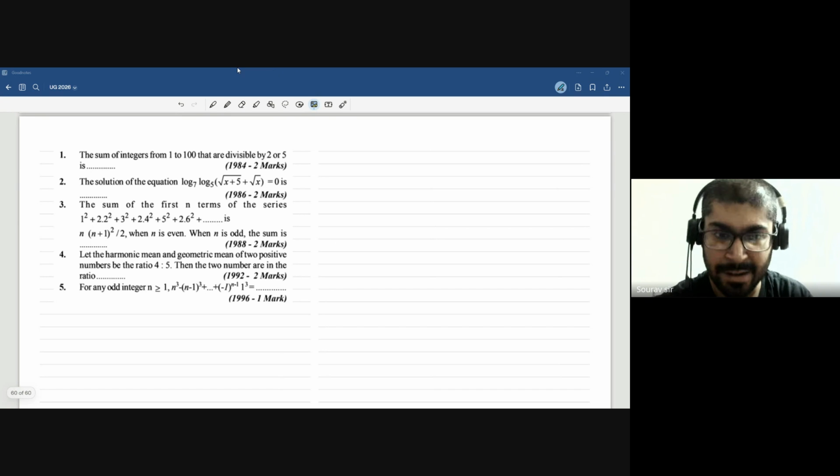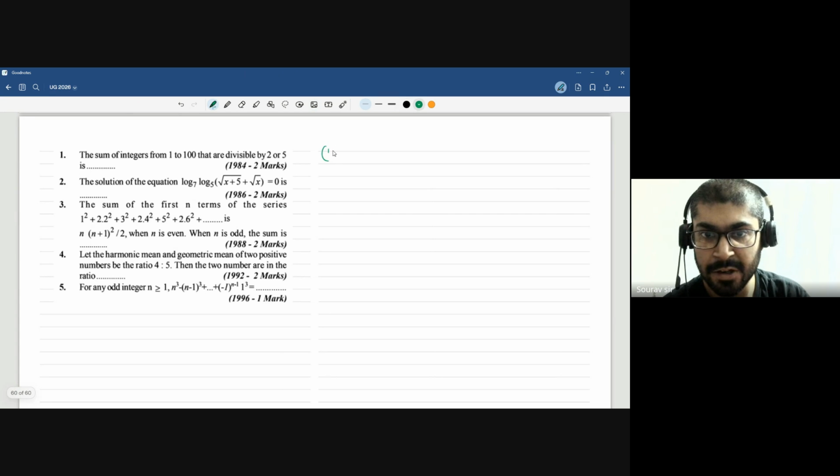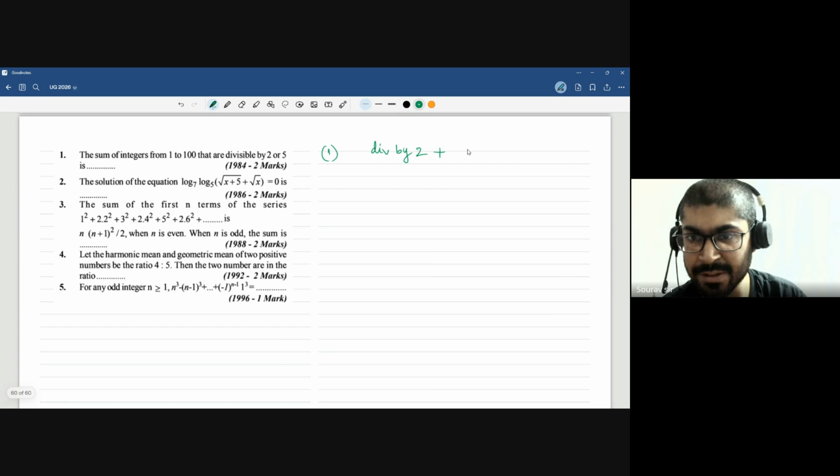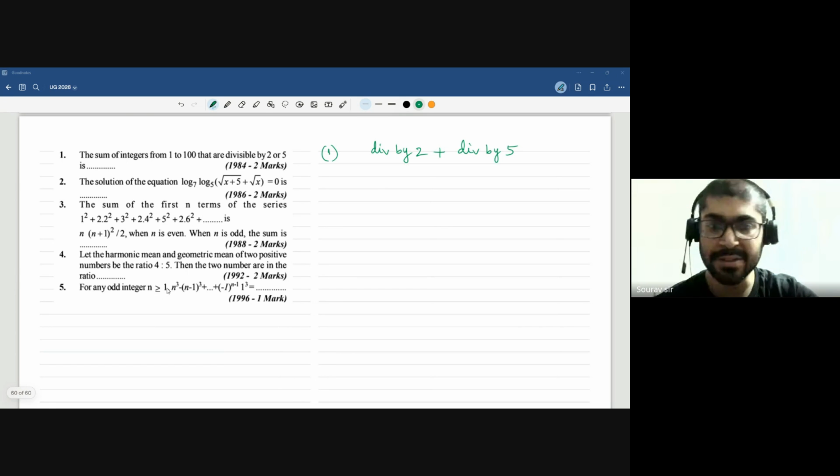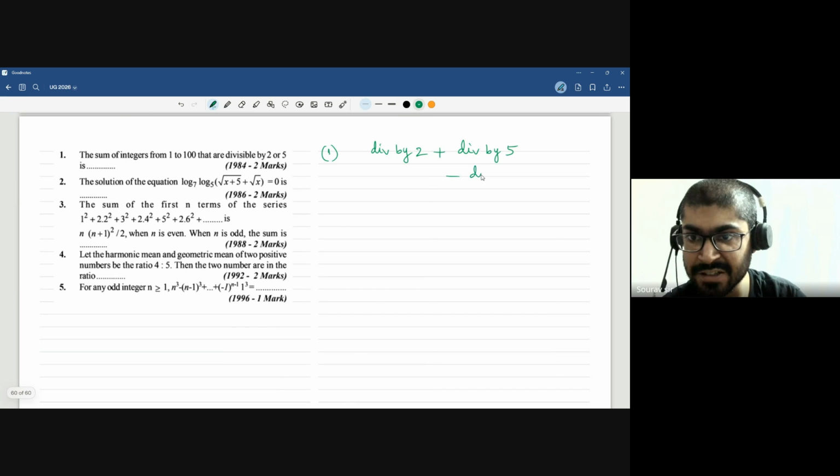Let us do it. So, basically, what you are doing is you are taking number one, right? So, you are taking divisible by 2, you are adding divisible by 5. Now, this is double counting, right? Because the ones that are divisible by 2 and 5 are counted in both. So, you are subtracting this. So, minus divisible by 2 and 5.